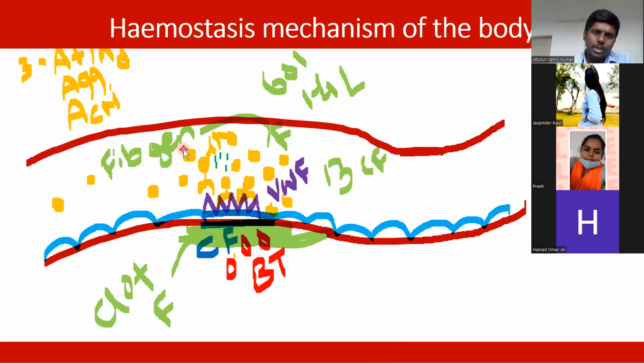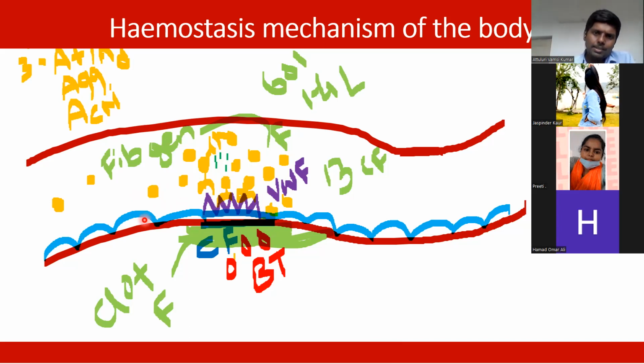So we know that whenever there is damage to a blood vessel, the damaged blood vessel will expose the collagen. So the collagen fibers are exposed. Upon collagen fiber exposure, the endothelial cells will secrete high molecular weight kininogen. This high molecular weight kininogen will be deposited on the exposed collagen. Upon this, roaming platelets will get attached to the collagen fibers.